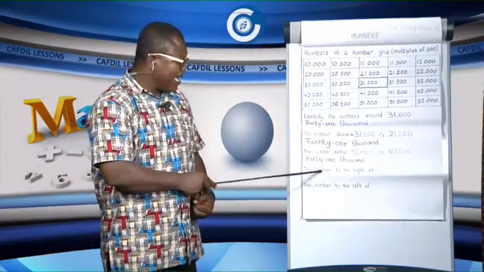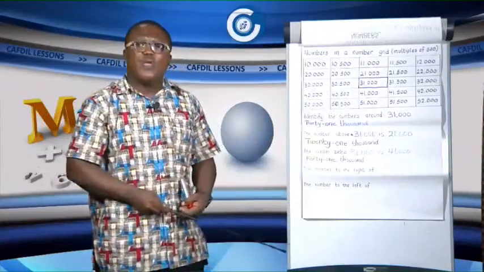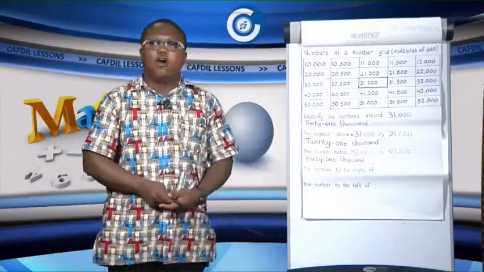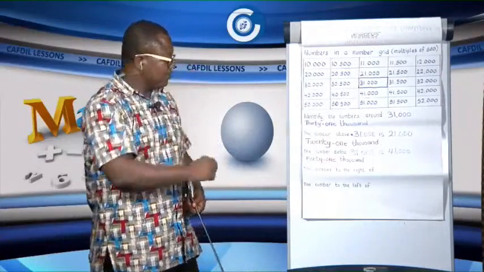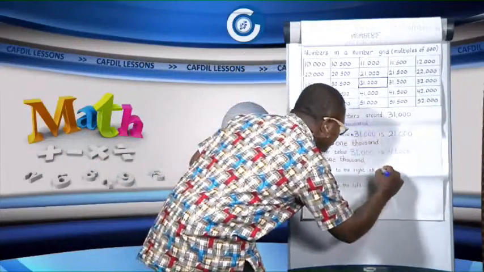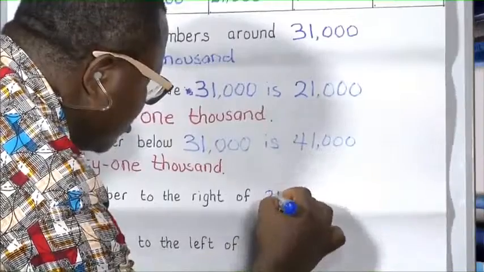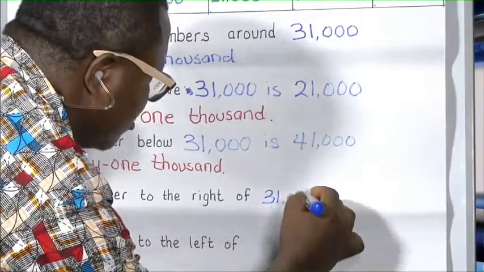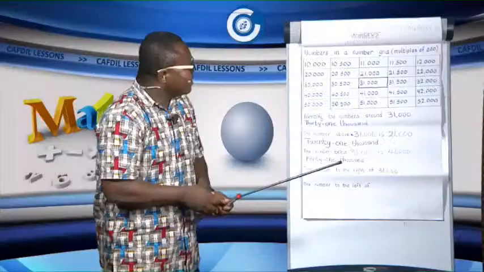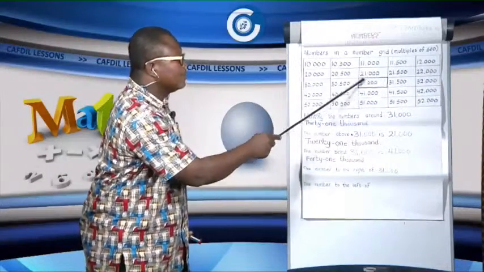The number to the right of 31,000. Because we said we are going to identify the number around this 31,000. And now we want to look at the number to the right of 31,000. So this is 31,000.